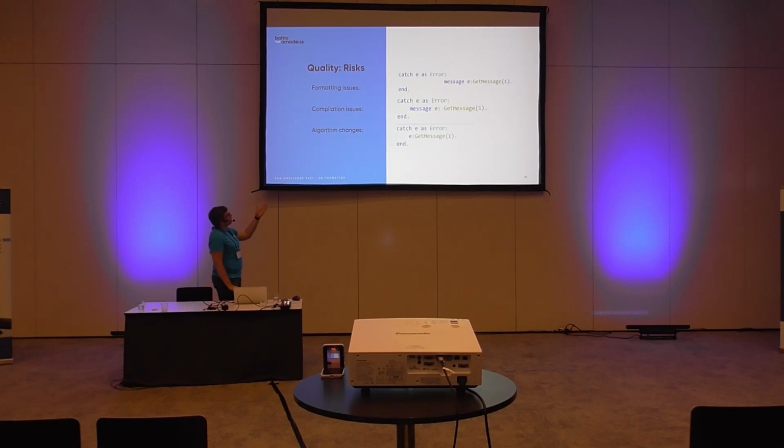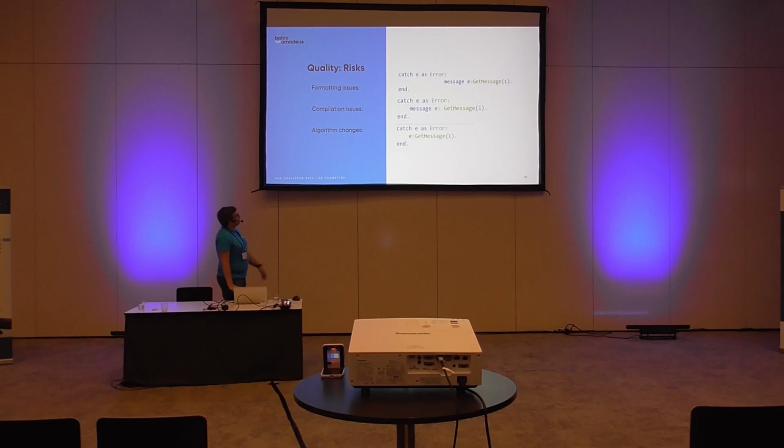Compilation issues are worse. Imagine for some reason it makes an empty space between the colon and the method name, for example. So it will not compile anymore, which is, of course, not nice and you will probably also delete the extension. And finally, we have algorithmic changes, which is even worse.